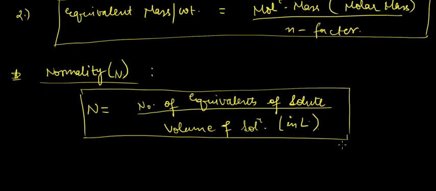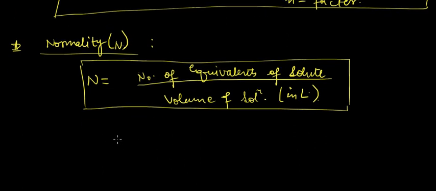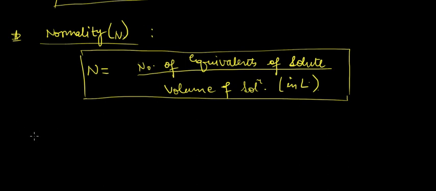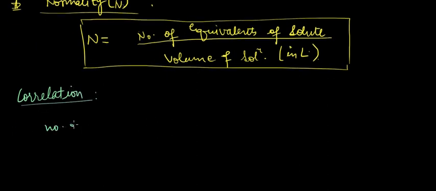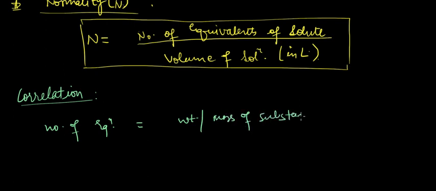So let's see the correlation with all of the three terms defined above. The number of equivalents of a substance is equal to the weight or mass of the substance divided by the equivalent mass.